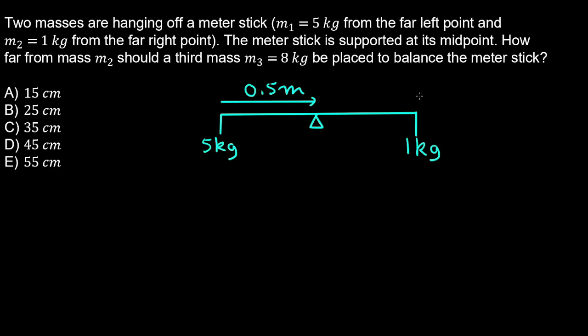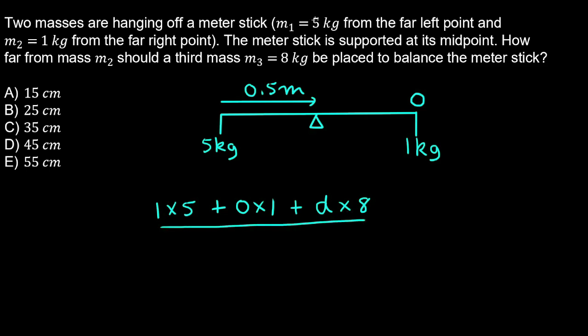So taking our origin at mass 2, we have 1 meter by 5 kilograms plus 0 meters by 1 kilogram plus the unknown distance of mass 3 by 8 kilograms, on a total mass being 5 kilos plus 1 kilo plus 8 kilograms, is equal to 0.5 meters from the origin, where the meter stick is balanced.